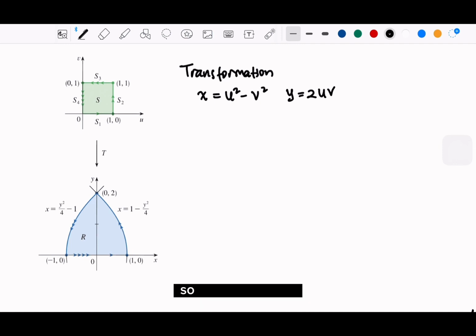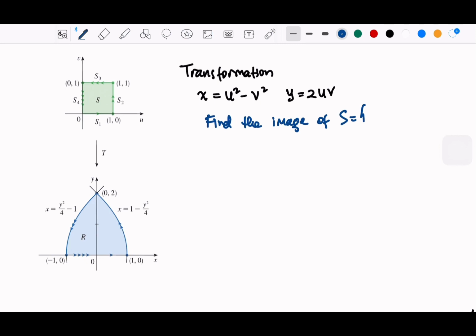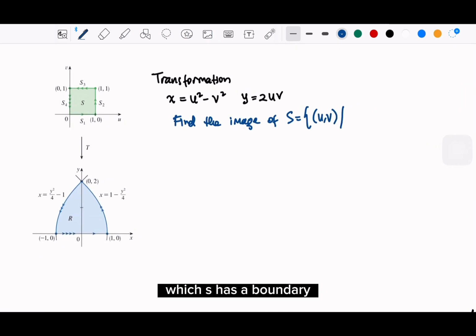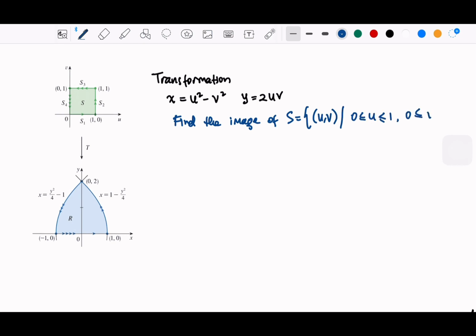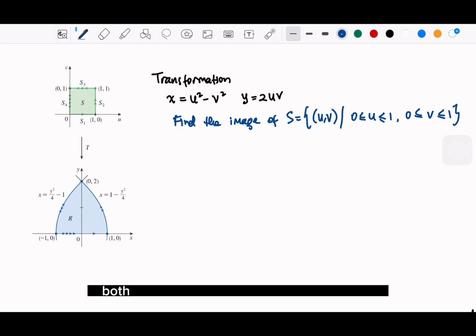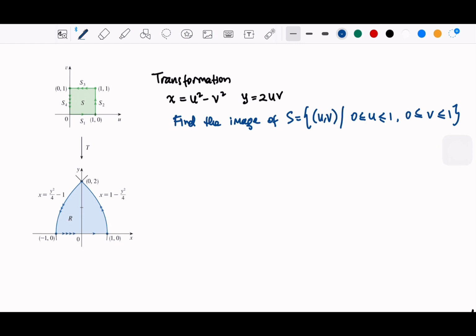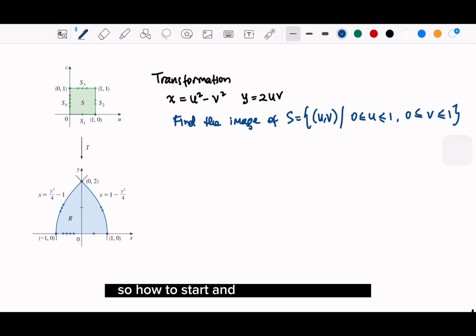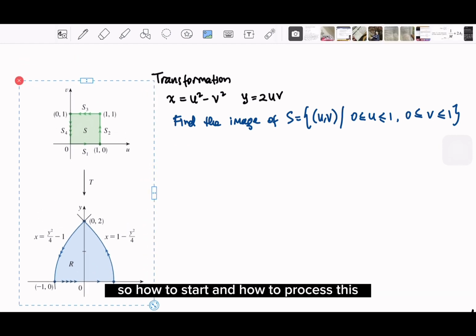Okay. So the question is to find the image of S, which S has a boundary where both U and V start from 0 and end with 1. So how to start and how to process this?